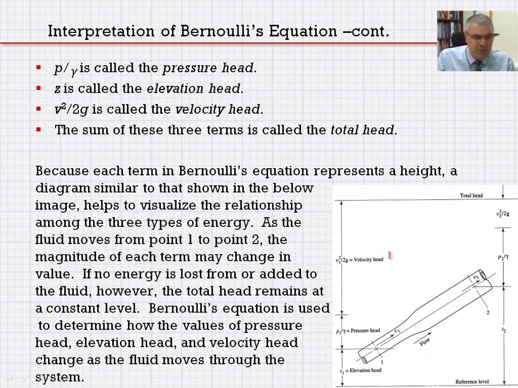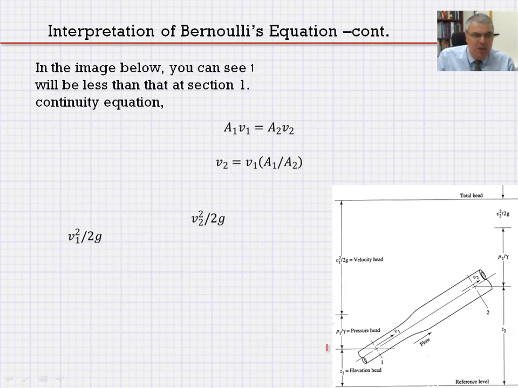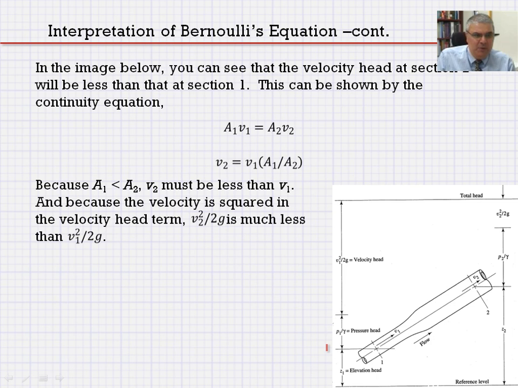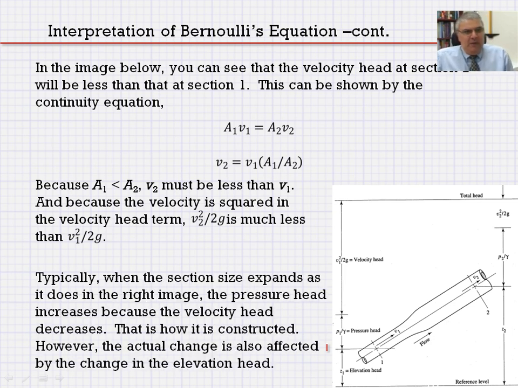And the two other terms are due to the kinetic energy. One is the pressure head, and the other one is the velocity head, the terms that we've already defined. One is due to the kinetic, the other one is due to the motion of the fluid itself.